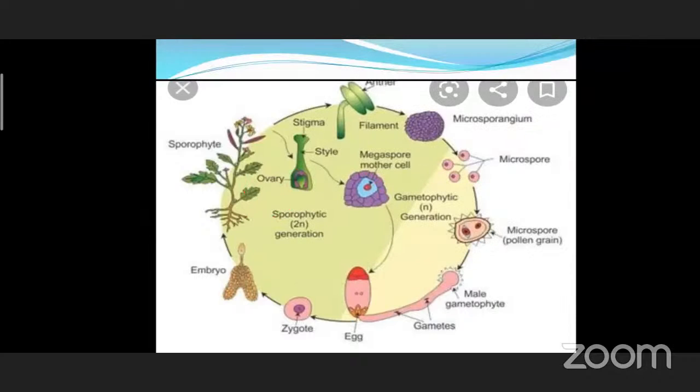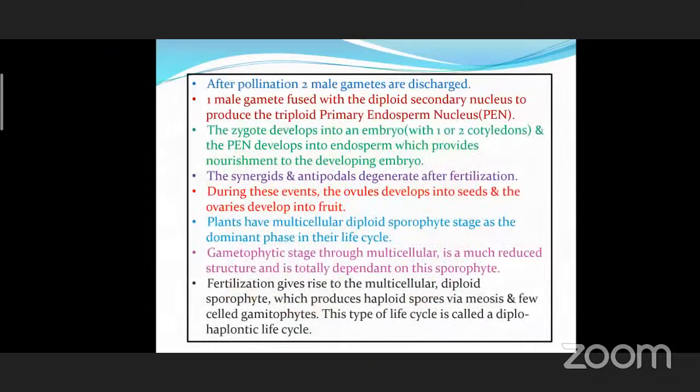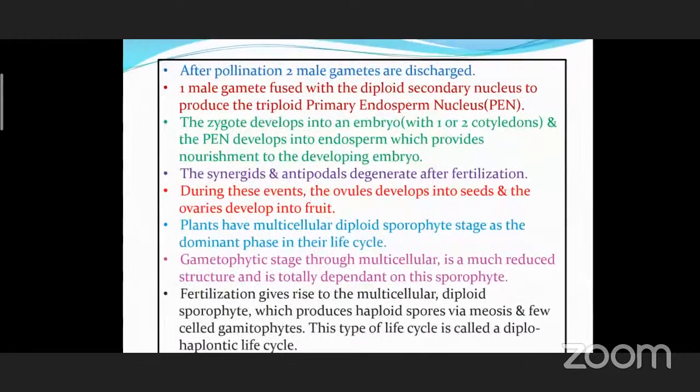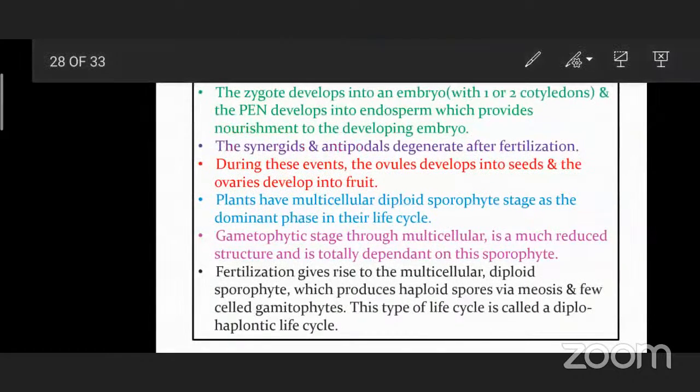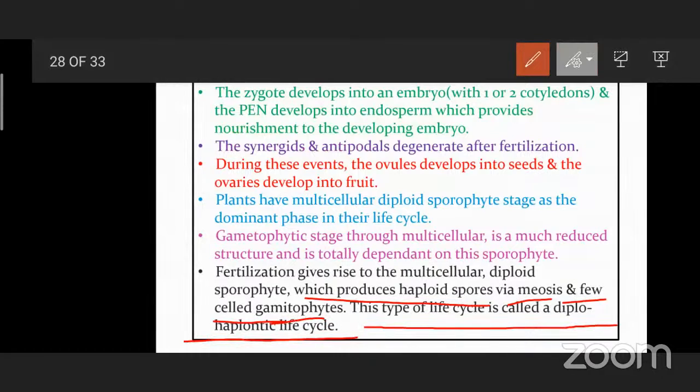This is the life cycle of angiosperm. Fertilization gives rise to a multicellular diploid sporophyte, which produces haploid spores via meiosis, and these form the gametophytes. This type of life cycle is called the diplohaplontic life cycle.